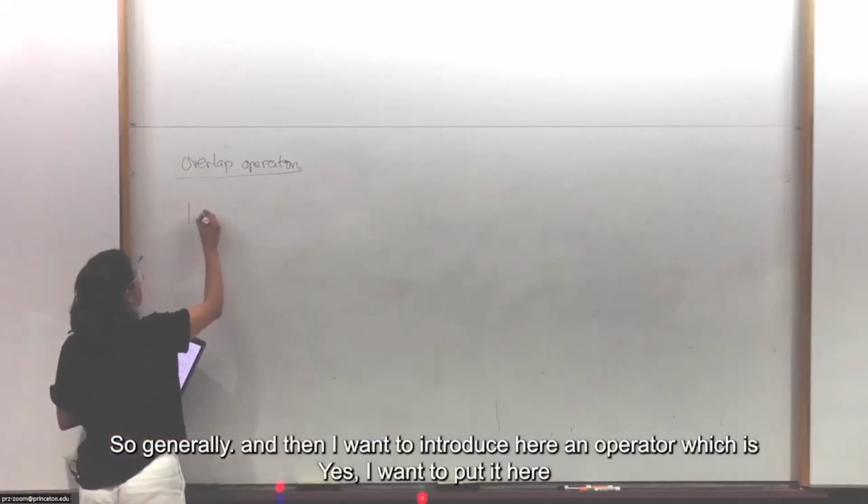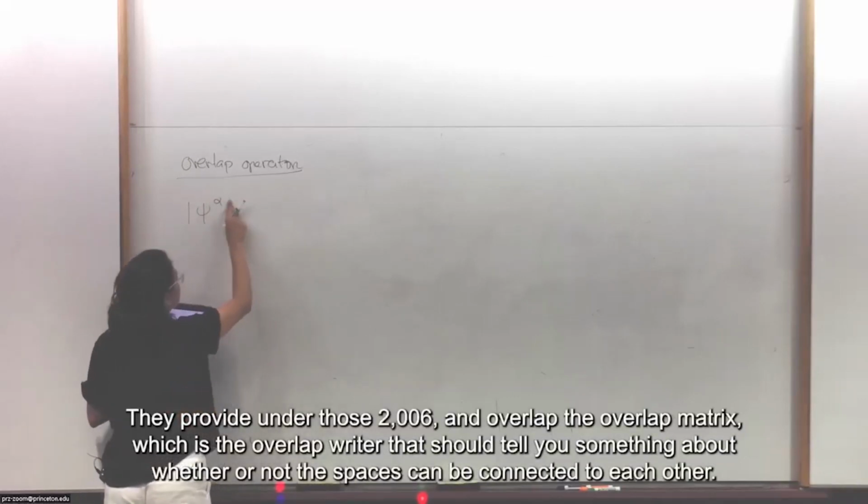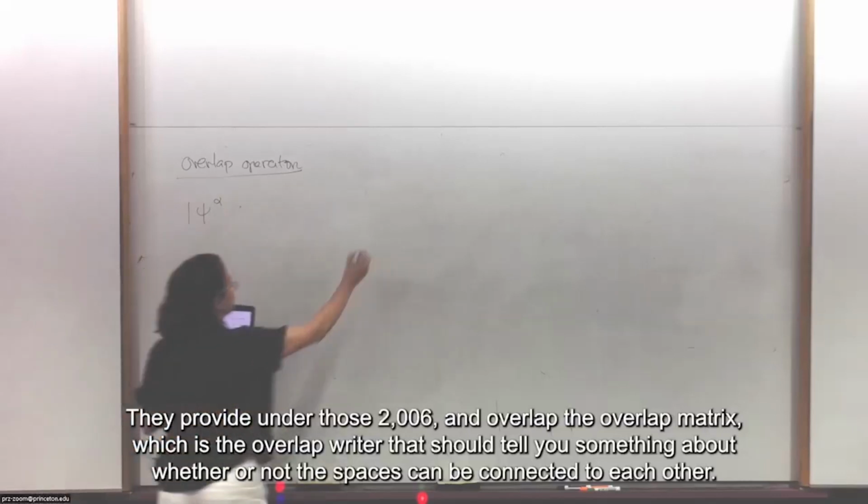So if I have some state, or basically what are states which are connected, let's say I choose a band, labeled by alpha.